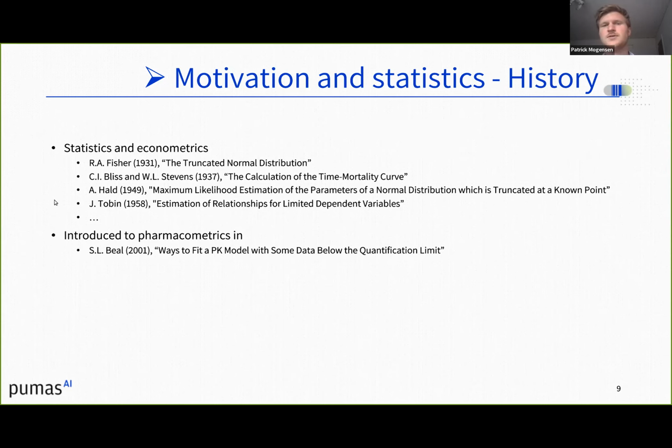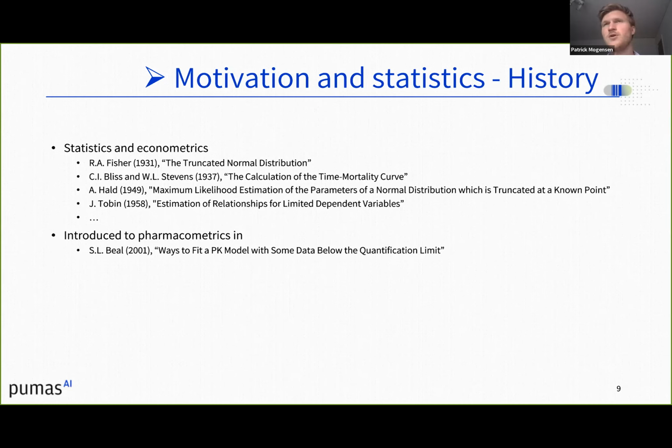In pharmacometrics, the methods have been used further back than 2001, when Beal put out this paper at the bottom. But there was some confusion about what methods we should use, and is it important? What kind of bias can we expect? I think there were some news groups, mailing lists, where people asked these questions, and Beal took it upon himself to write a paper comparing all these different methods.